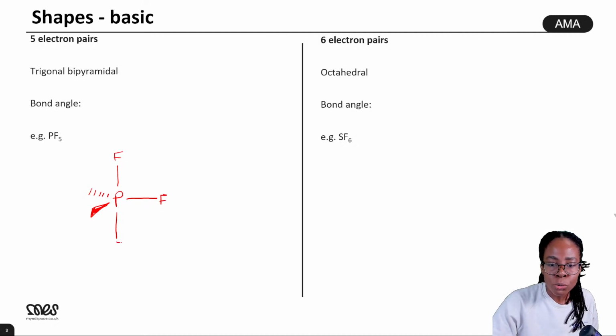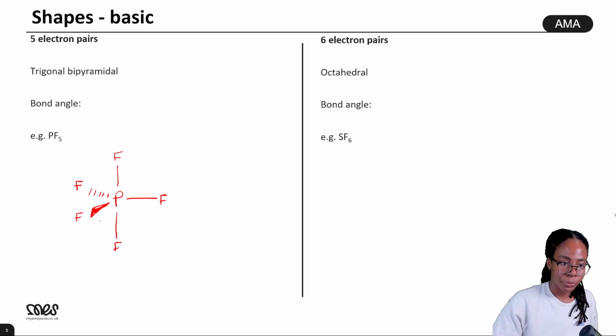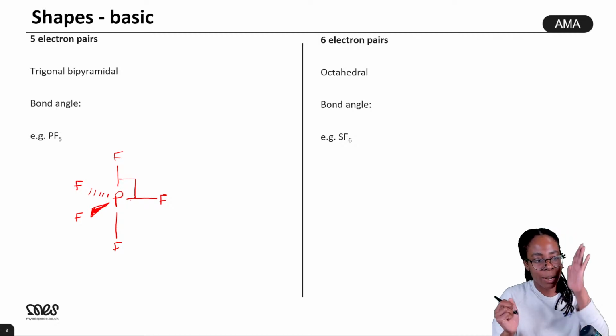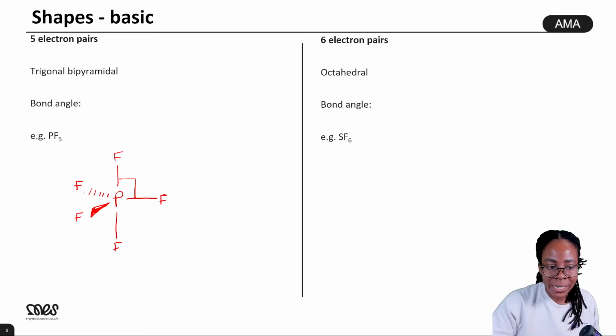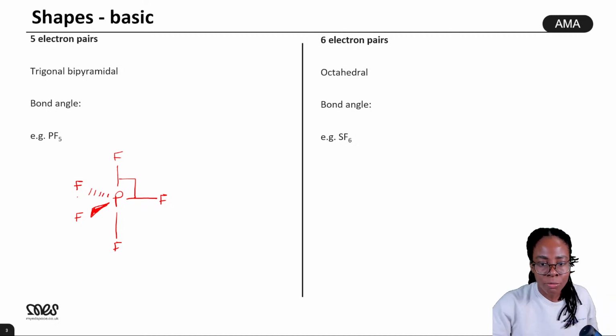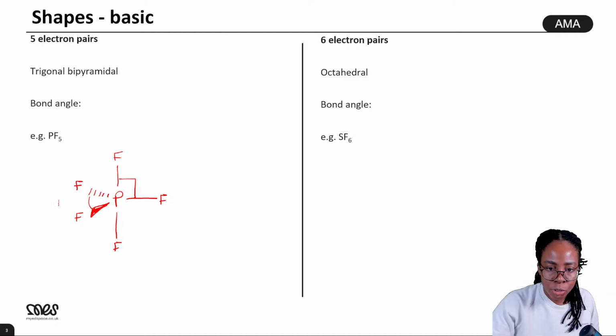Here we've got two different bond angles. What are they? Lovely, Saha. Wonderful. We've got 90 degrees between our axial and equatorial, and then we have 120 degrees between the three around the middle. So two different bond angles for trigonal bipyramidal.